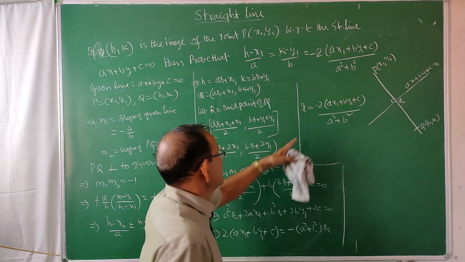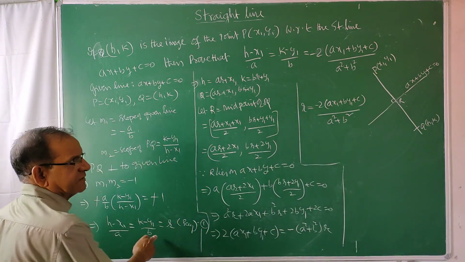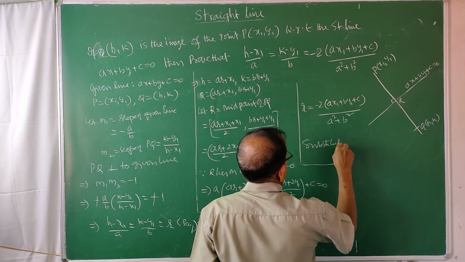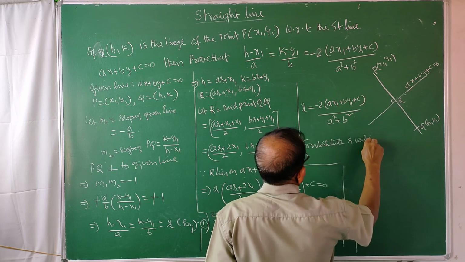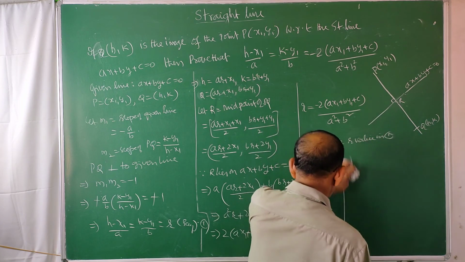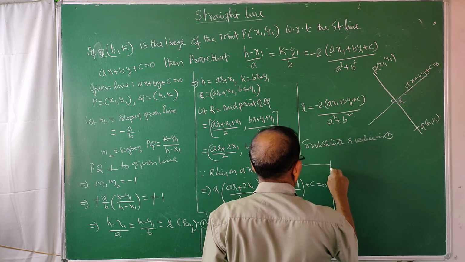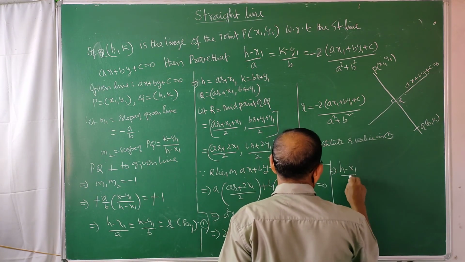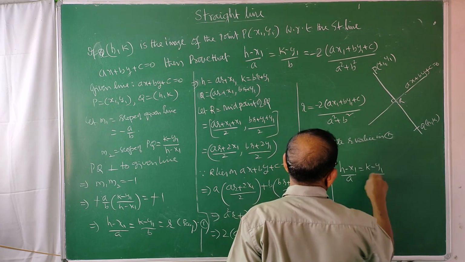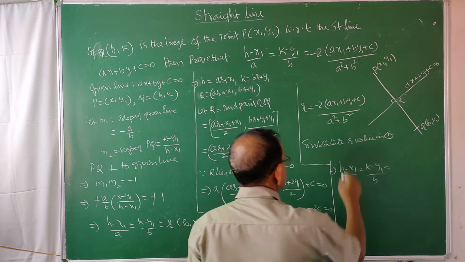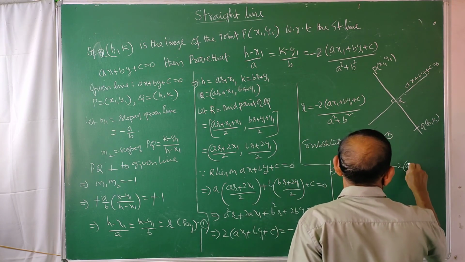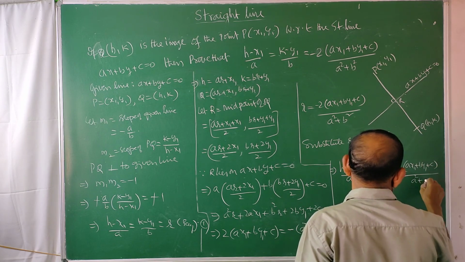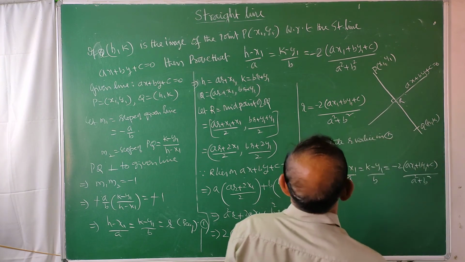Now, substitute the value of R in the first equation. Substitute R value in 1. We get, h minus x1 by A is equal to k minus y1 by B is equal to R, but R is this one, minus 2 into AX1 plus BY1 plus C by A square plus B square. So, that is the result required.